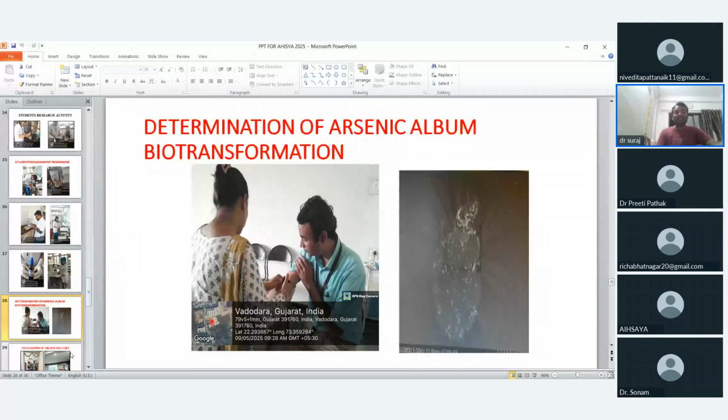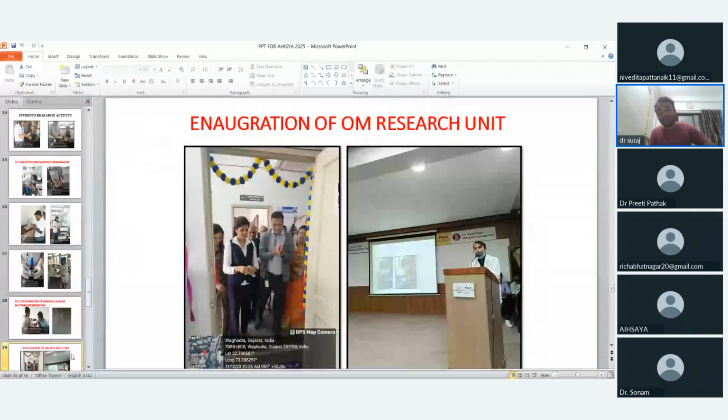Now, this is our inauguration of the Home Research Unit. We inaugurated this unit in 2024, and after inauguration, it is not just a room or a platform. It is the inauguration of our research aptitude, of our research thoughts, of our ideas, of our feelings, and our research mind towards homeopathy.